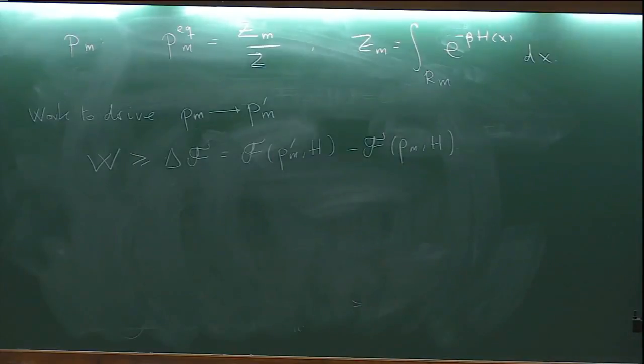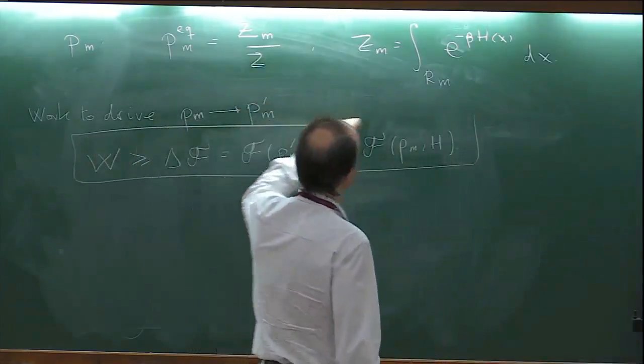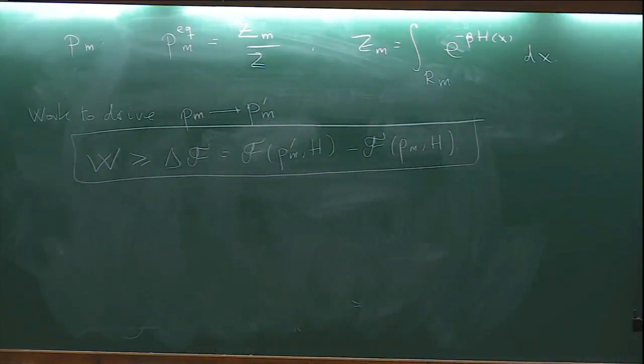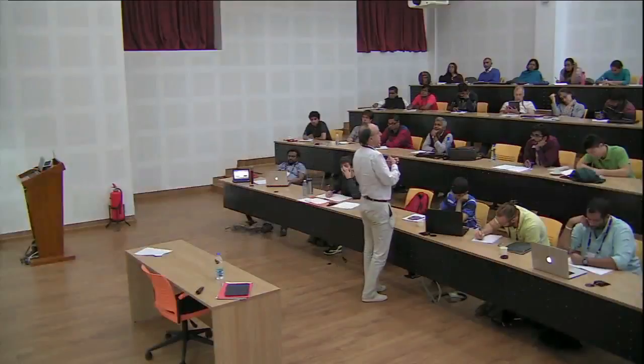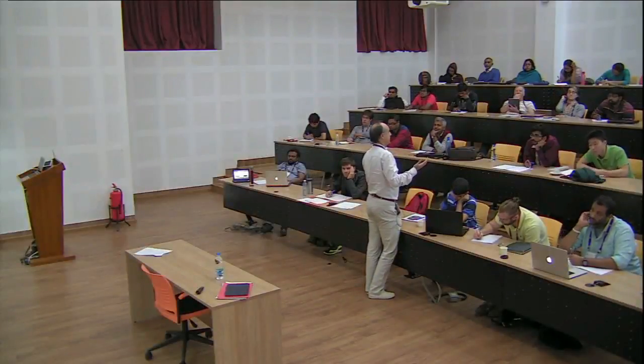And this is the equation that explains most of the thermodynamics of information devices. Because it tells me changing from Pm to P prime m is information processing.